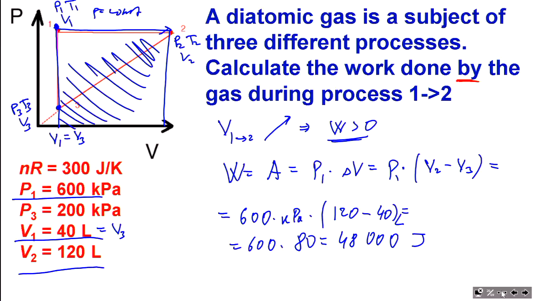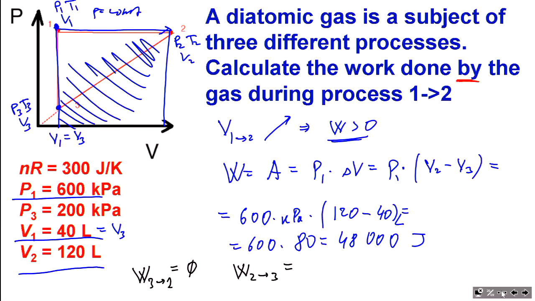Now I want to write immediately that the work done during process from state number 3 to state number 1 is 0. And what would we do about work done during process from state number 2 to state number 3?